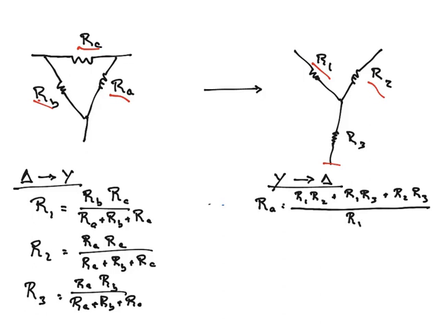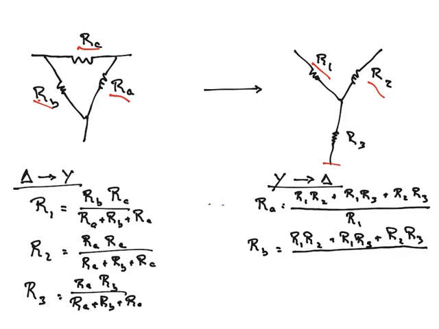For RB, exactly the same thought process. We're going to have in the numerator the sum of all the pairs. So R1, R2, plus R1, R3, plus R2, R3, divided by something. What do I divide by?